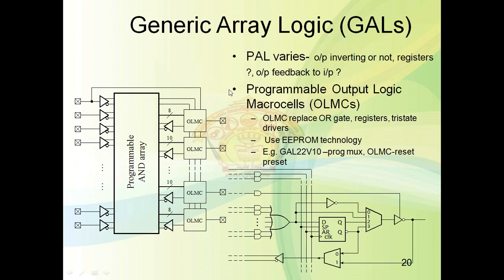Now what is this OLMC? The OLMC includes programmable multiplexers. The output of the OR gate is connected to the D flip-flop. The D flip-flop has a D input, a clock, an asynchronous reset pin and a synchronous preset pin.